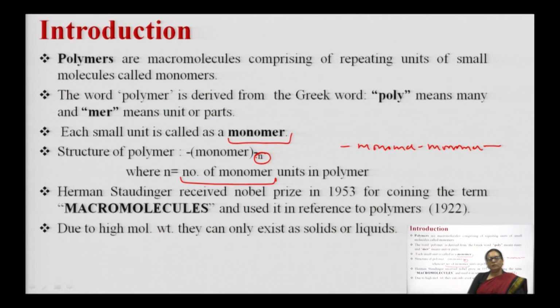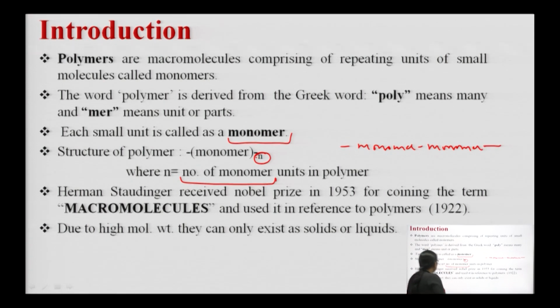Polymers are basically a subset of macromolecules, because macromolecule is a broad term which encompasses any large molecule, and they differ from polymers in the sense that they may not necessarily have monomer repeating units in them, whereas polymers are specifically those macromolecules which have repetitive monomers in them.